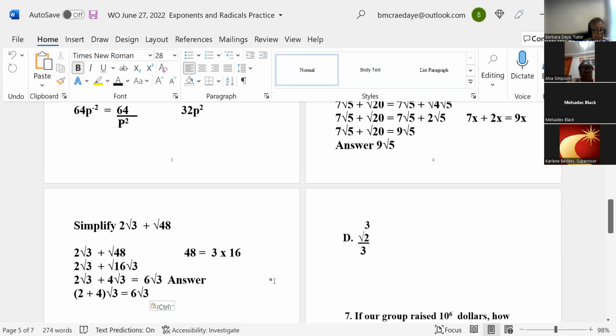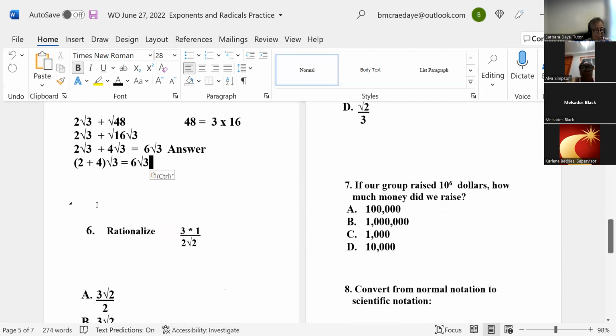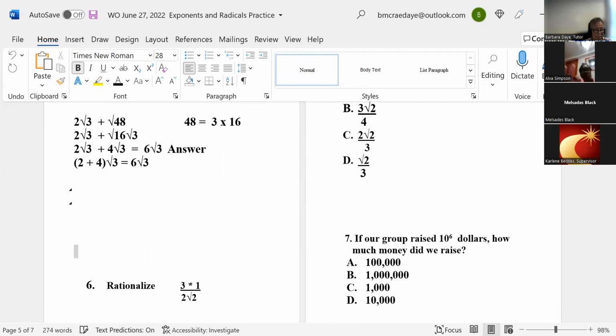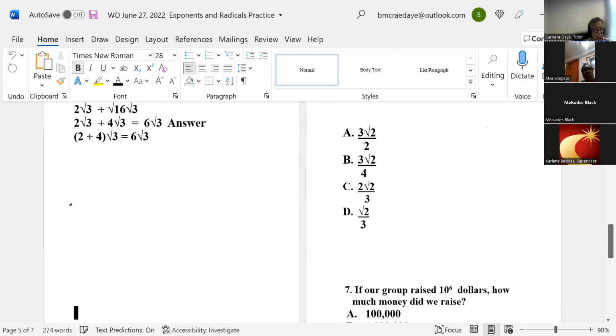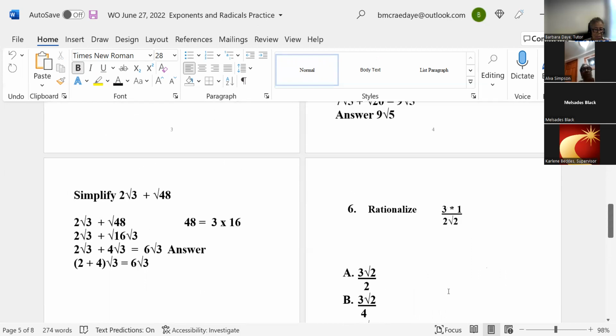Now, you remember what I said about rationalizing? What is rationalizing, Mercedes? You remember we were rationalizing the denominator. What does that really mean? Rationalizing is getting rid of the radical in the denominator.